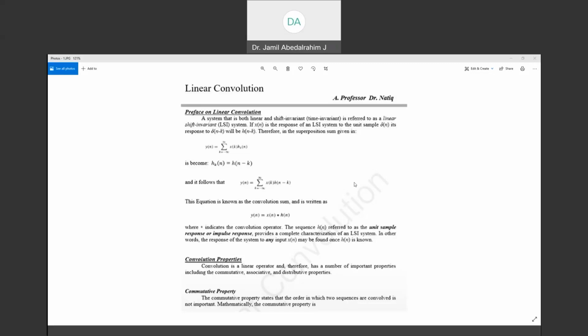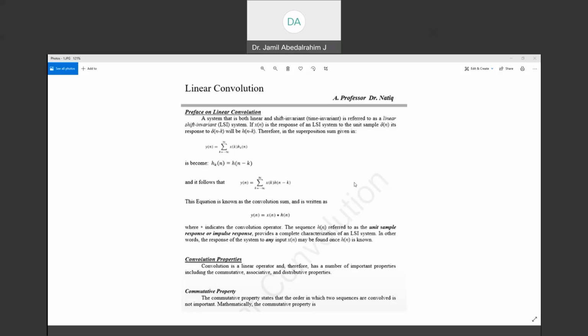So if we have a question in the final exam related to system representation using its impulse response, in this case we will use the way I explained in the previous class, where y of n equal h of 0 multiply x of n plus h of 1 multiply x of n minus 1 and so on.